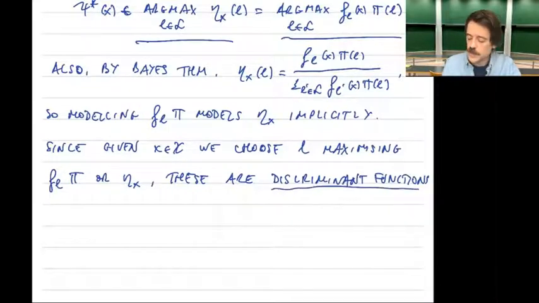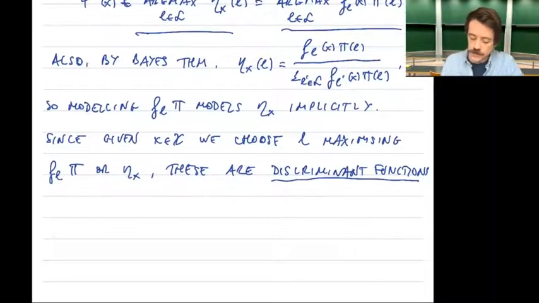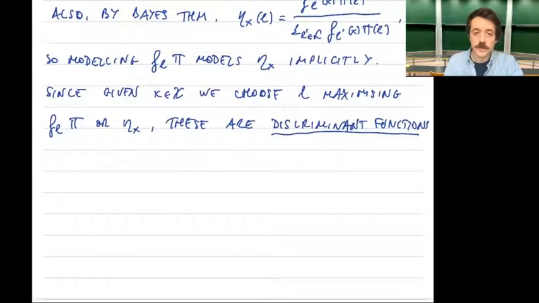In different words, a discriminant function is a function of the data and the labels that allows us to discriminate between the potential labels given an x. And of course these two guys are discriminant functions.